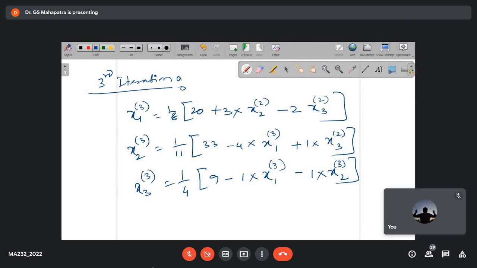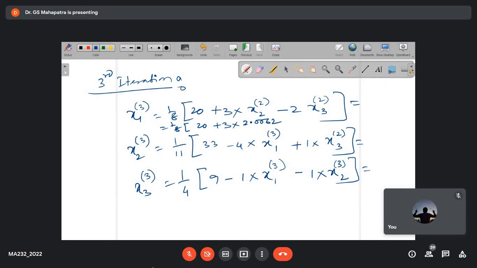So now you tell me the answer one by one. You can write here 1 by 8, 20 plus 3 into x2, x2 value as x22. What is the answer? 2.0062, correct?